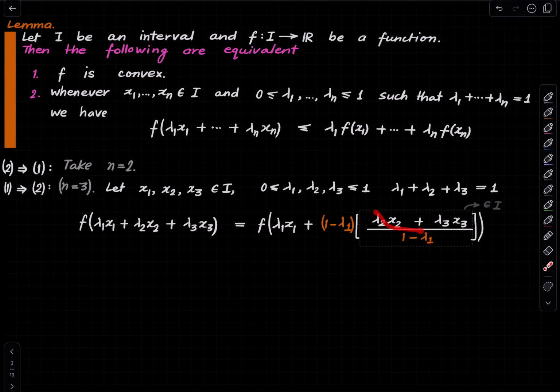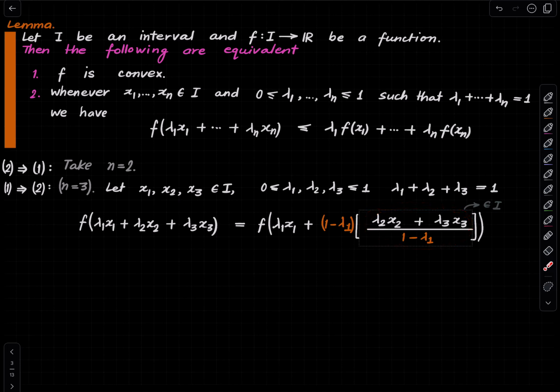So if you consider this ratio and that ratio, they sum up to 1. So all you're doing is taking a convex combination of x2 and x3, and a convex combination of x2 and x3 will lie in the interval because the interval is an interval. If you pick 2 points in the interval, everything in between them is also there in the interval by definition. So anyways, just convince yourself that this thing is in the interval.